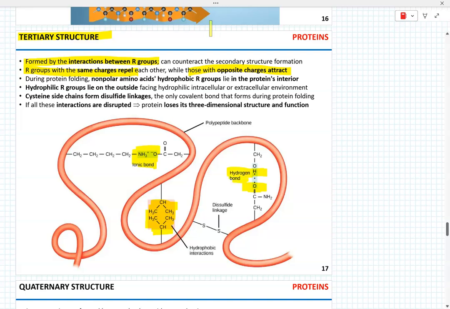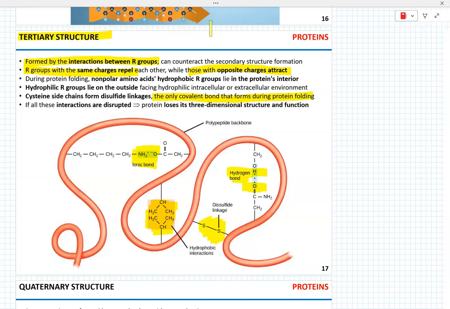And sulfhydryl groups of two adjacent cysteine molecules within the polypeptide can form a covalent disulfide linkage. This is the only covalent bond that is formed during the folding of the protein.